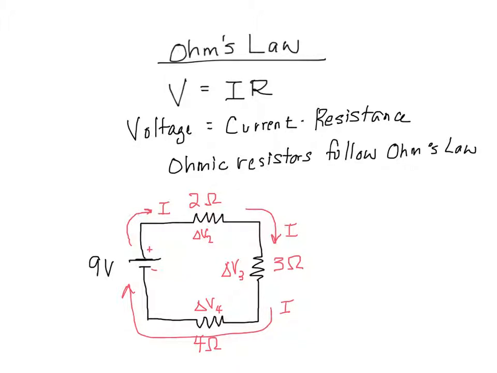Think about it like there's a certain amount of energy that the 9-volt battery's got, a certain amount of power, and that energy is going to be used up in its entirety as the current is pushed through those resistors. So the V2 plus V3 plus V4 is going to add up to the 9 volts. Okay, so that's the equation there. Delta V2 plus delta V3 plus delta V4 equals 9 volts.